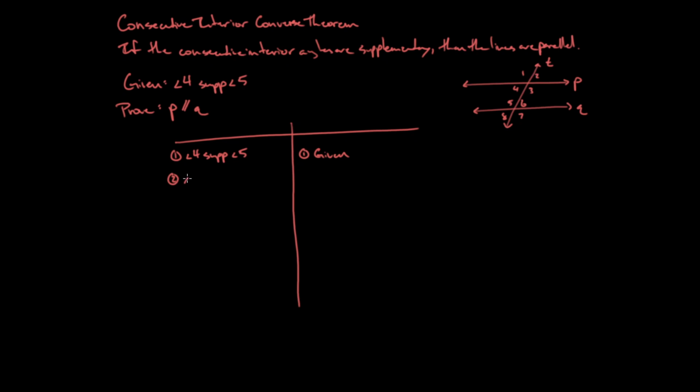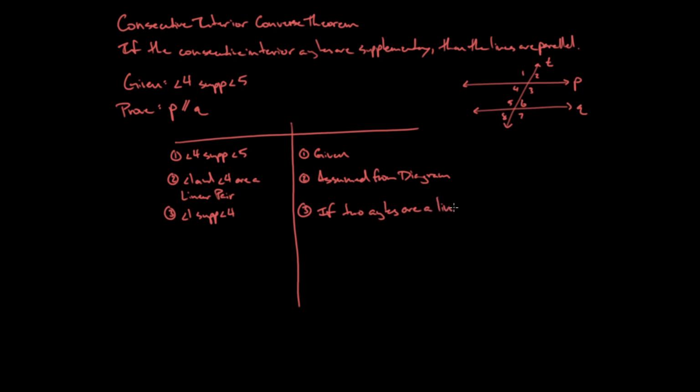So I can say that angle 1 and angle 4 are a linear pair, and the reason is assumed from the diagram. Then I can immediately say that angle 1 is supplementary to angle 4, and the reason is the linear pair postulate: if two angles are a linear pair, then they are supplementary. That came from statement number 2.